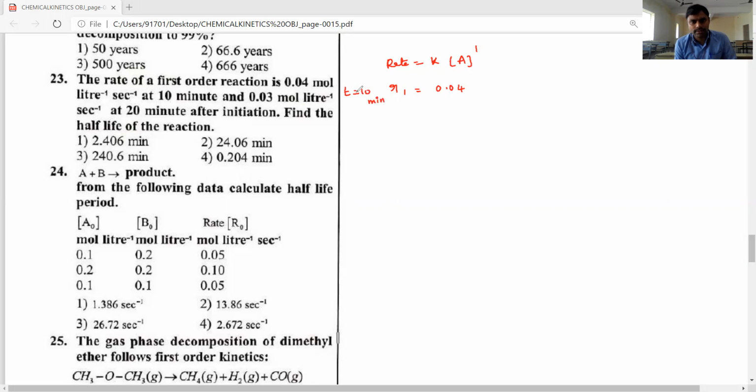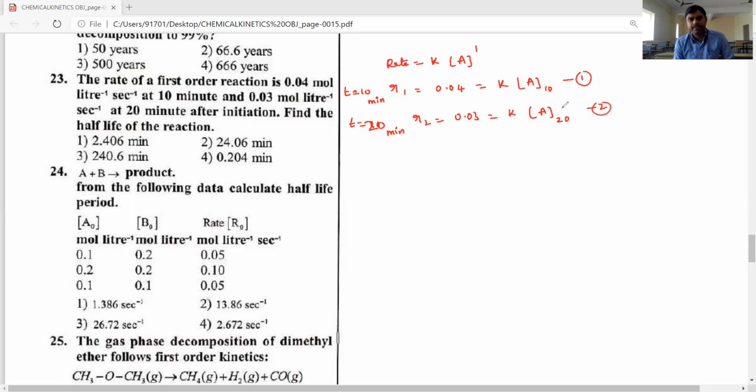If T is equal to 10 minutes, then R1 equals 0.04, which is K into the concentration of A at 10 minutes. Consider this equation 1. And at T equal to 20 minutes, the rate R2 is 0.03, which equals K into the concentration of A at 20 minutes.